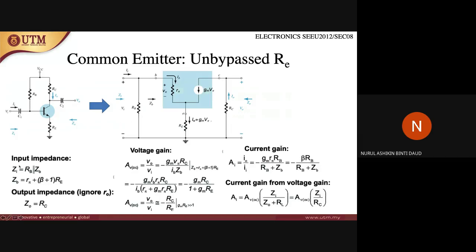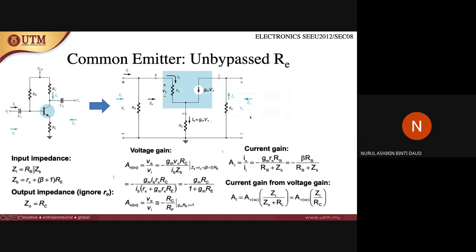In this case, for the input impedance ZI, from this connection we change into the AC equivalent. So there will be RB and RC. RB is between base and emitter, so RB is located here. RC is located from collector to emitter.